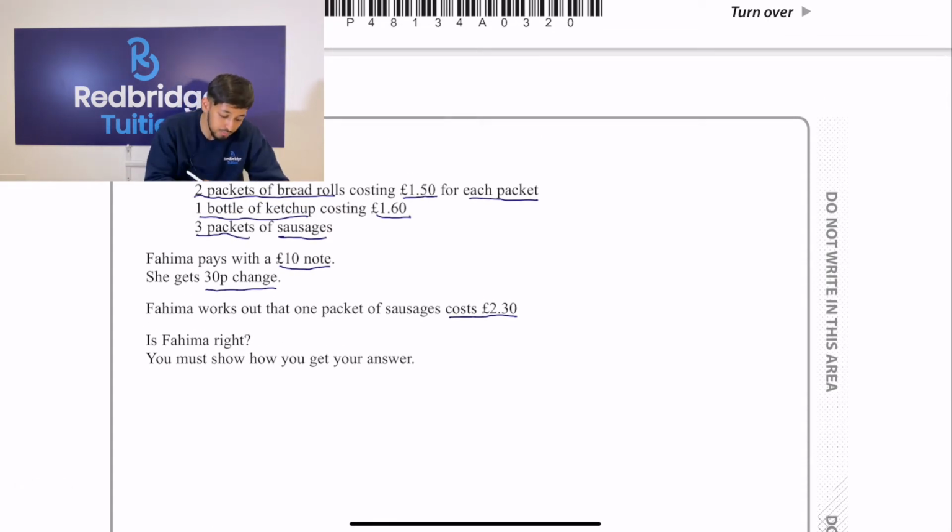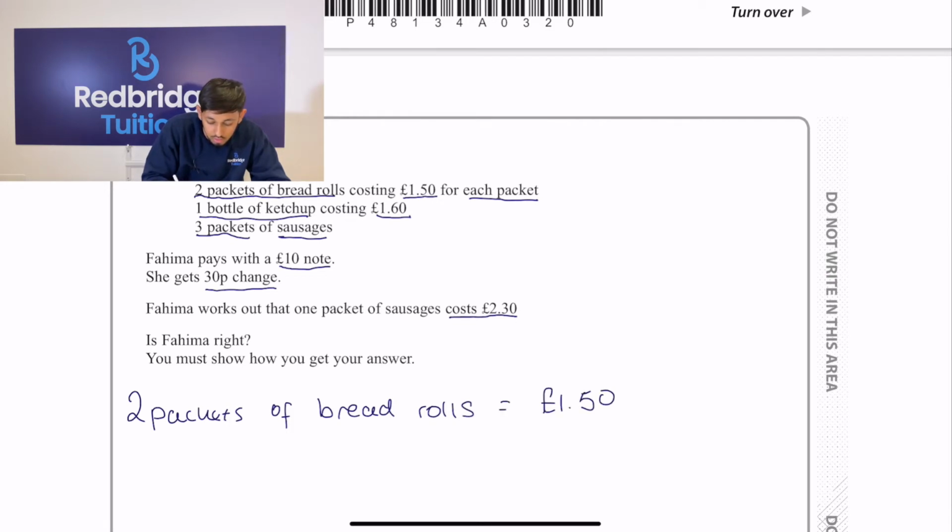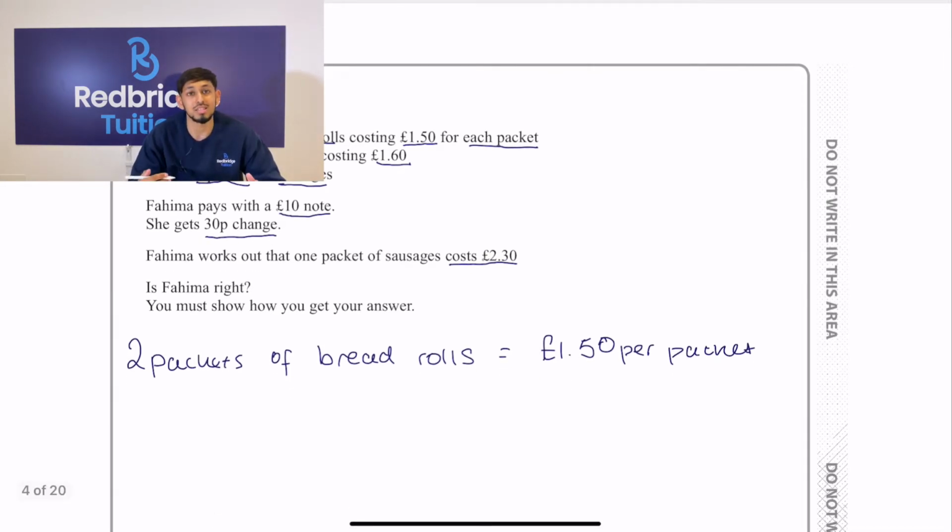So we would say 2 packets of bread rolls is equal to £1.50 per packet. Now, it's essential that you keep your work very, very organized so the examiner knows exactly what you are doing.